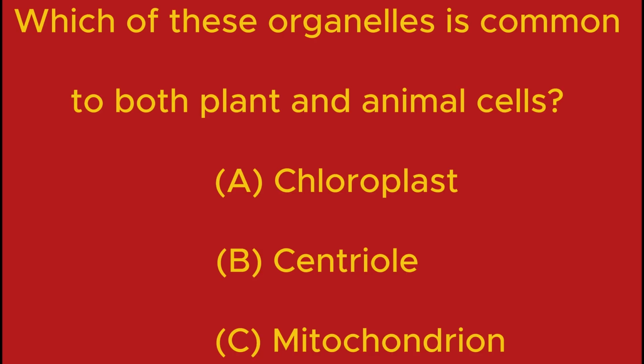So when you look at these three options that we have, you find out that the correct answer is C, mitochondrion, because mitochondrion is an organelle that is common to both plants and animals.